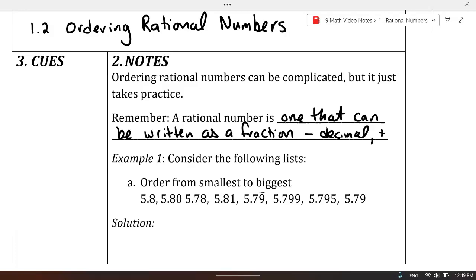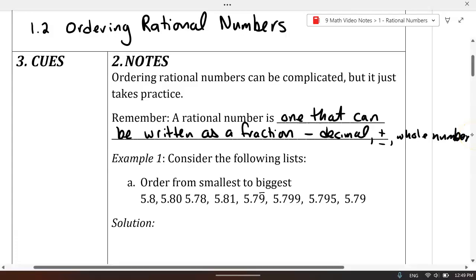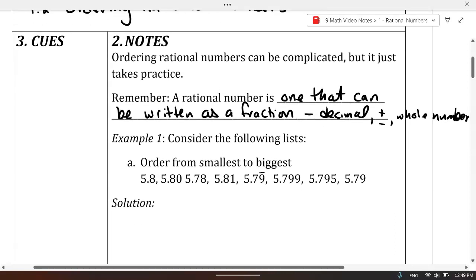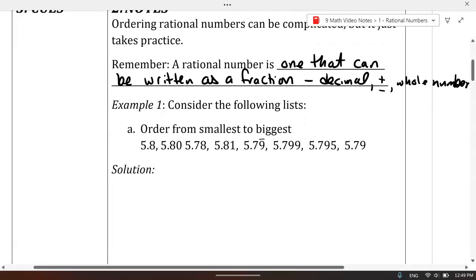Any positive or negative decimal or whole number, and of course any fraction. So we're just going to be dealing with rational numbers here. Remember, irrational numbers are numbers like pi, 3.1415 going on forever and ever, never stopping, with no repeat.